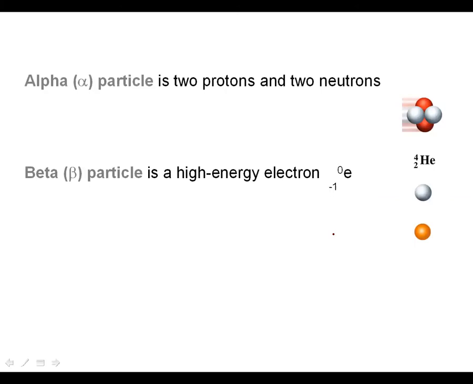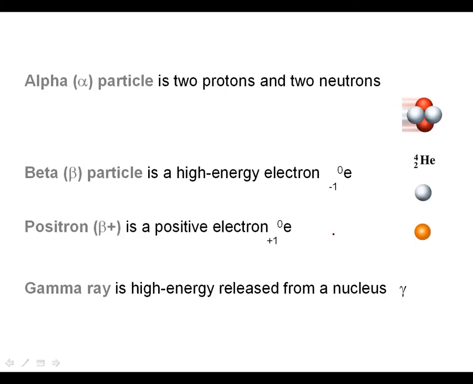Now, let's talk a little bit about these symbols that we sometimes see and some common symbols in nuclear chemistry. The alpha particle is basically 2 protons and 2 neutrons. And that is how we get to our mass number of 4, right? 2 protons plus 2 neutrons, which is the definition of mass number. Protons plus neutrons gives you 4 for the mass number.